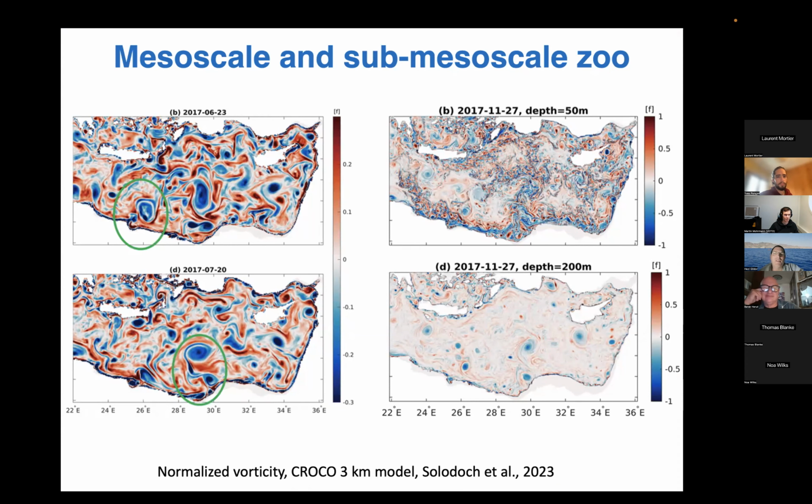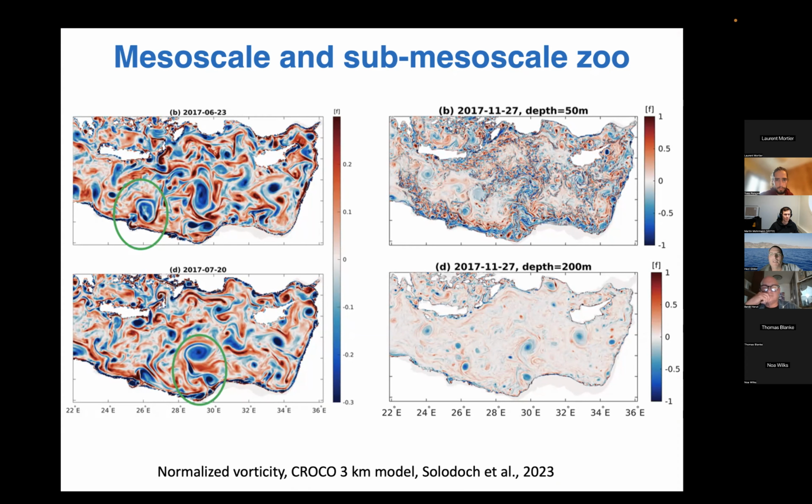We can see different snapshots of the vorticity normalized by the Coriolis force. We can see some differences: on the left from the summer season, and on the right when we start the vertical mixing, and the features are a little bit smaller in size.